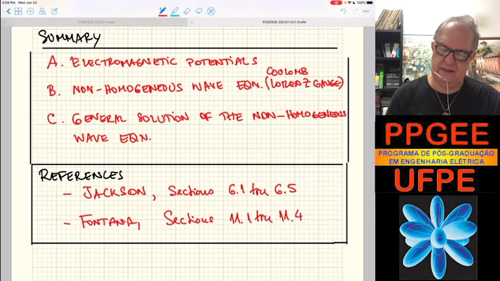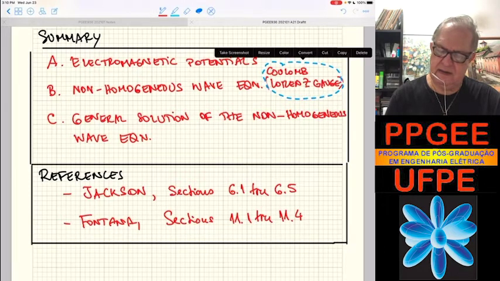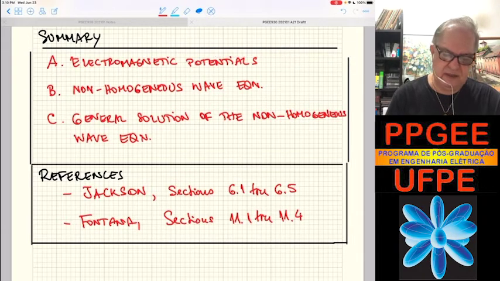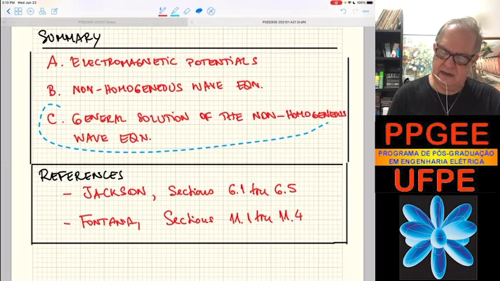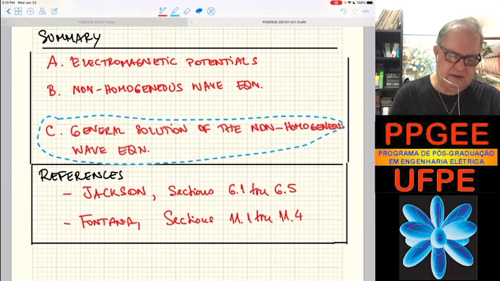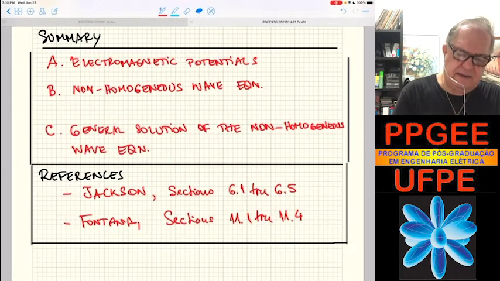Okay, let me just rewrite here. We're going to do that in both gauges, in both frameworks. Let me just put this down here. So that's going to be in the Coulomb gauge.